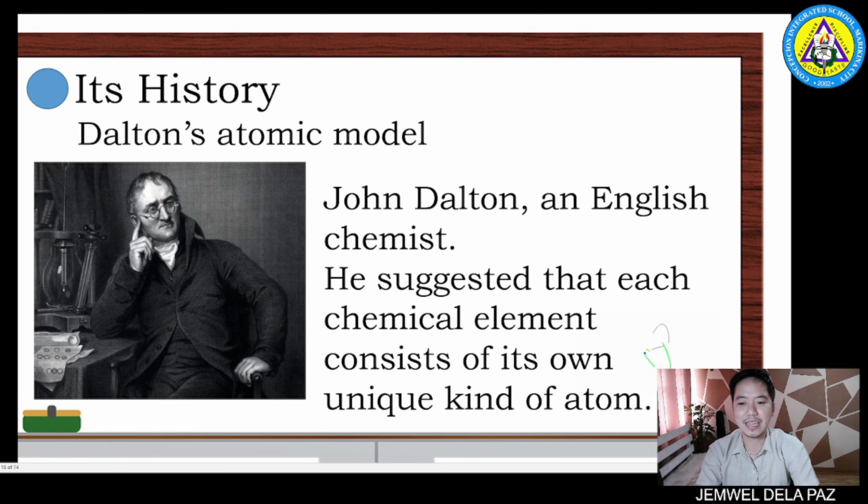He suggested that each chemical element consists of its own unique kind of atom, which is universally accepted by all scientists, and it is already proven that indeed a single type of atom is made up of its unique kind of atom.